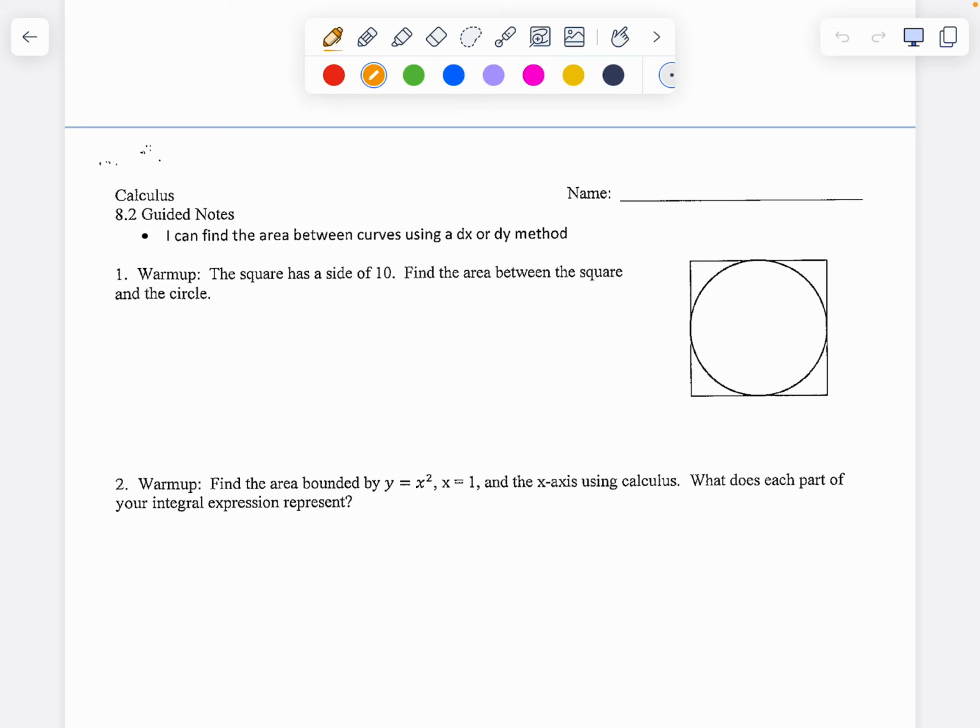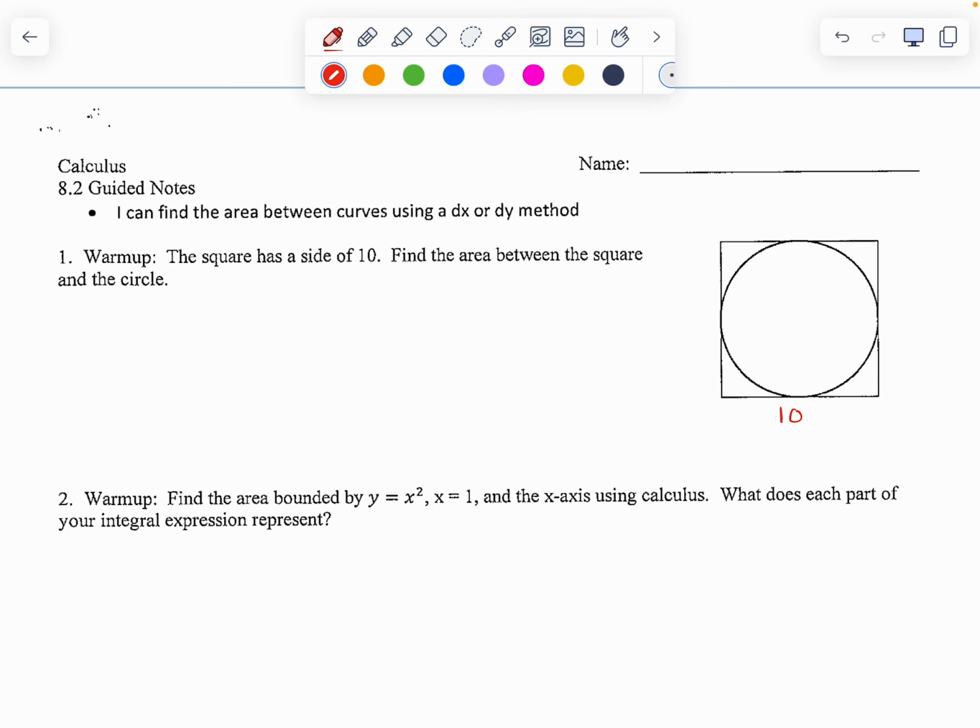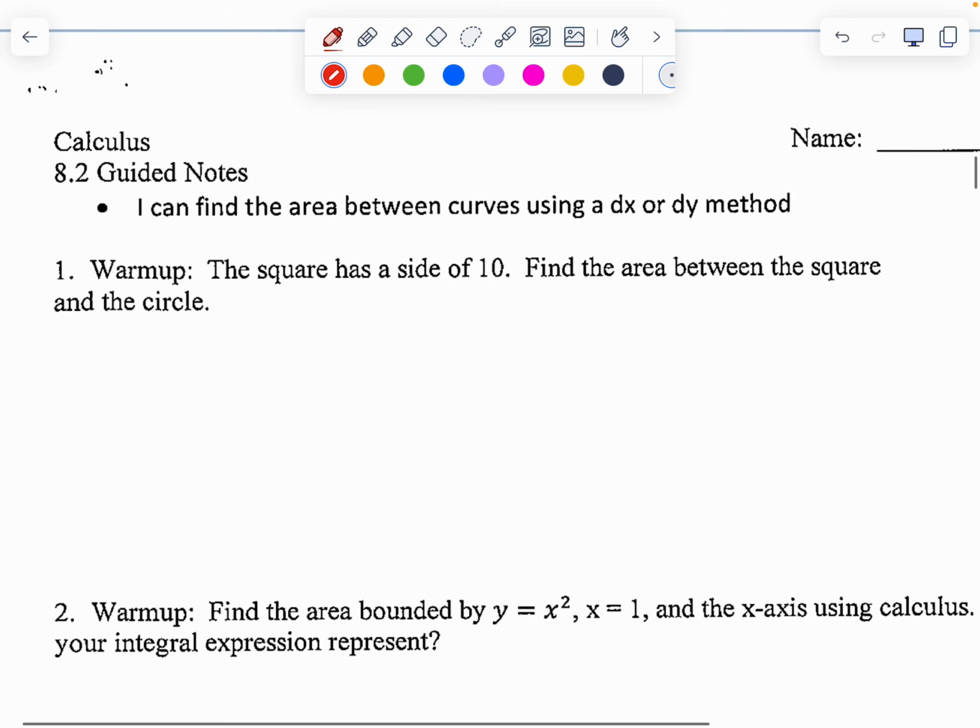So if the square has sides of length 10, the radius of the circle is 5. Find the area between the square and the circle. What does the area of the circle equal? Pi r squared.